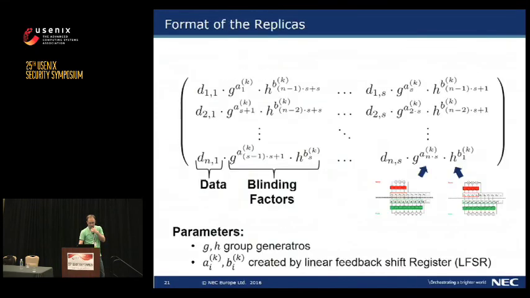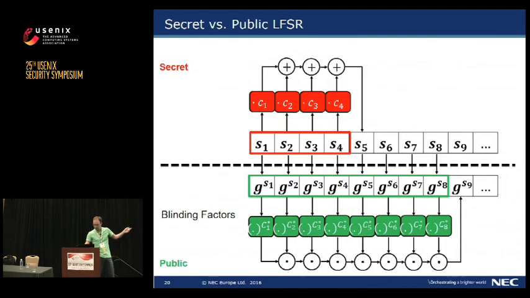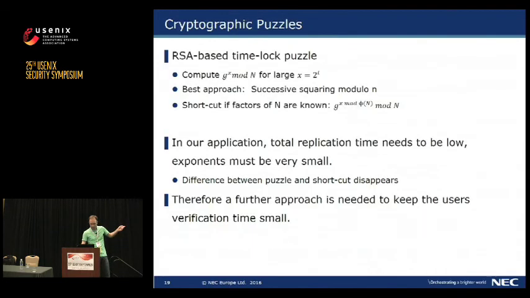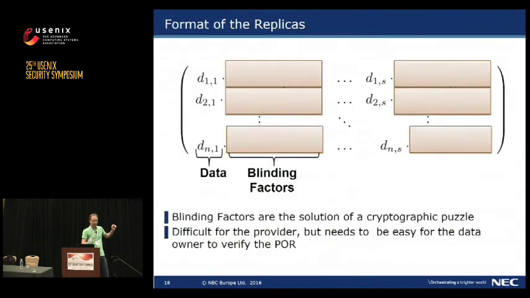So this is also one idea which we have in, where is the matrix? Here. So for replication, you need to compute all the blinding factors. So what you ideally want is that even if you just want to give back one block as an answer, you should need to compute all the blinding factors.